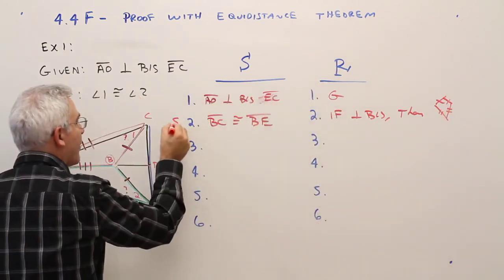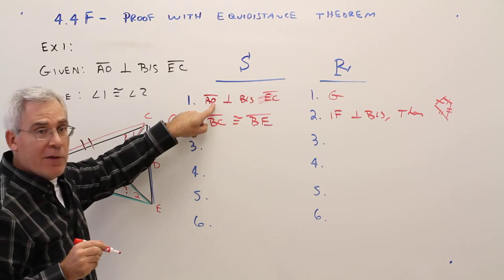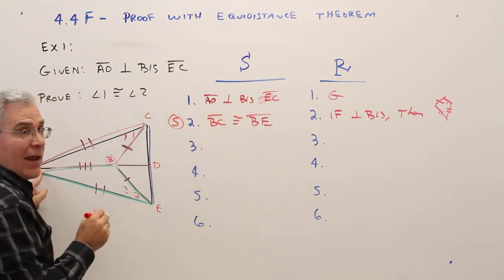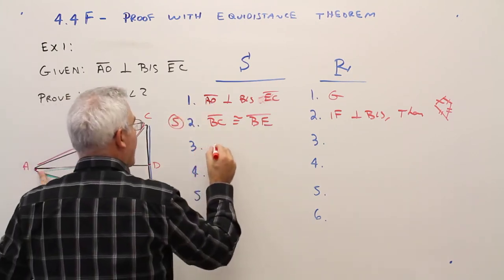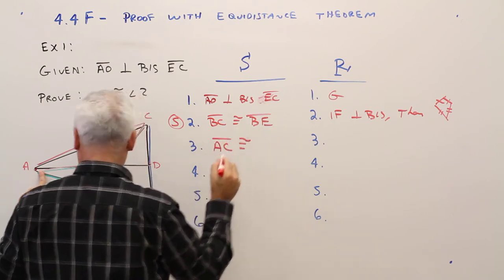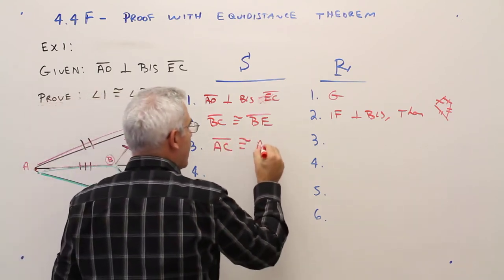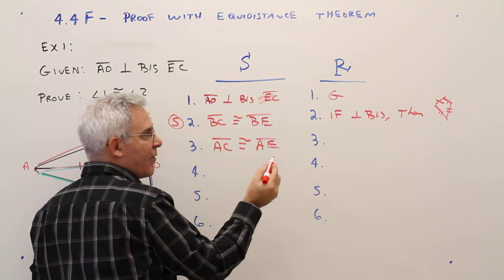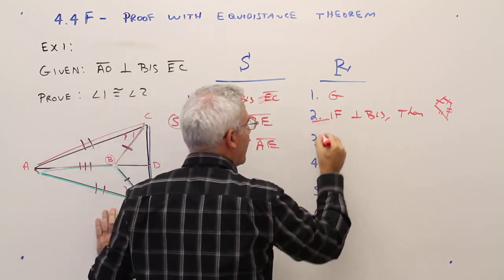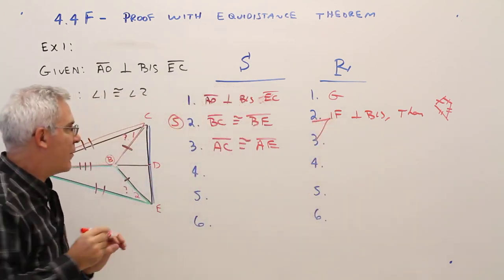That's one of my sides. I'll use that again from point A. AC is congruent to AE by the same reasoning. So I'll just go like that for the same reasoning.